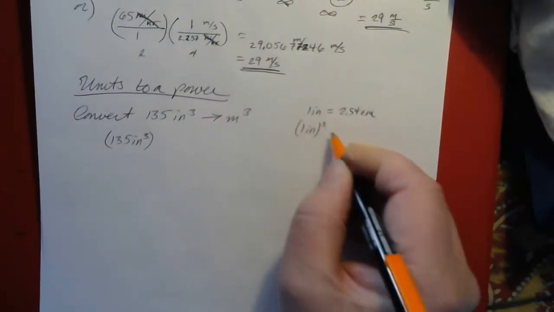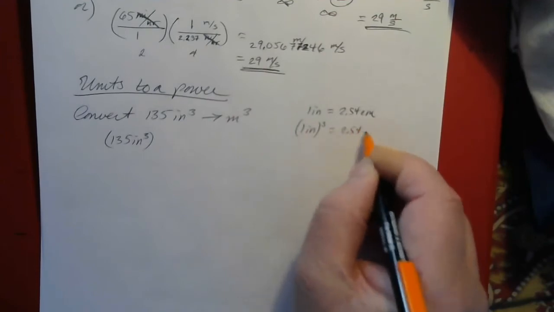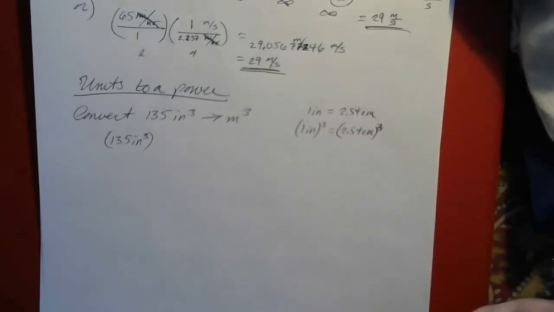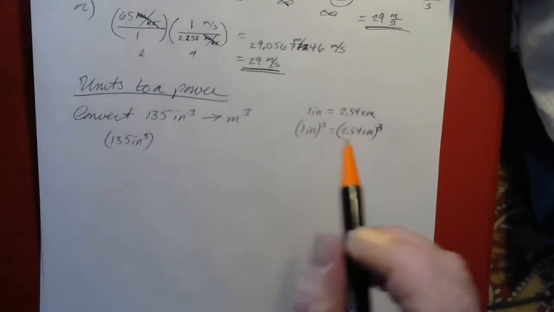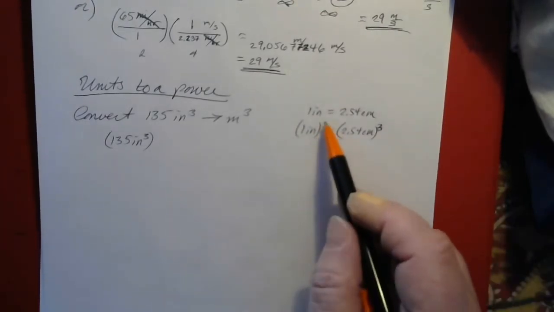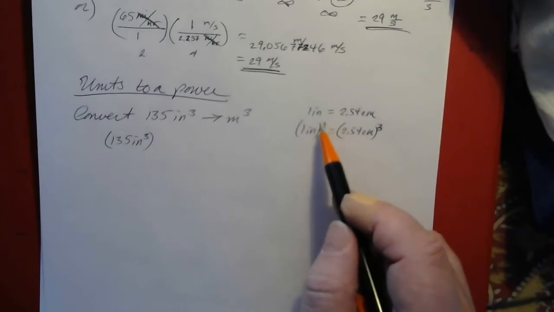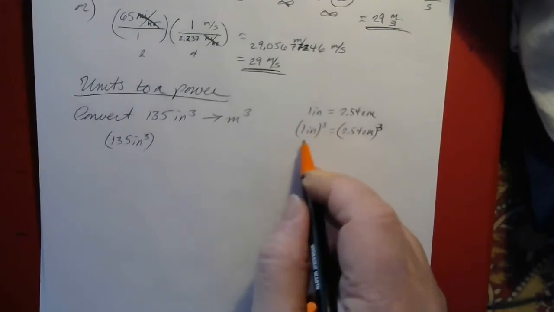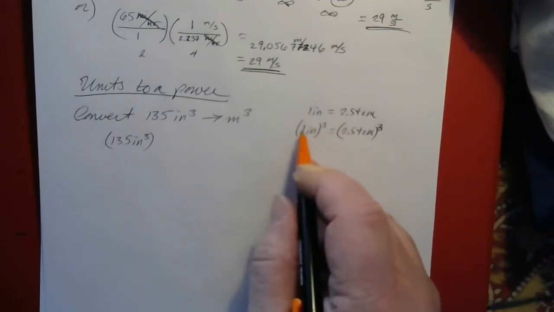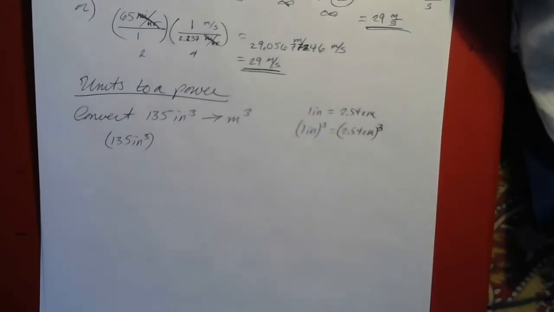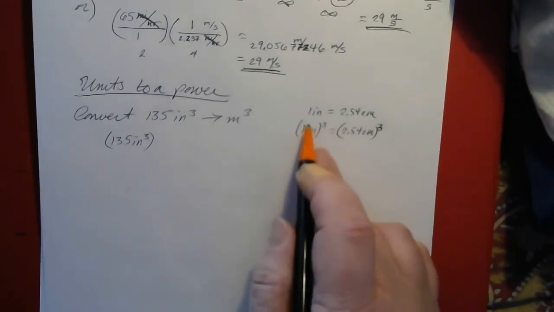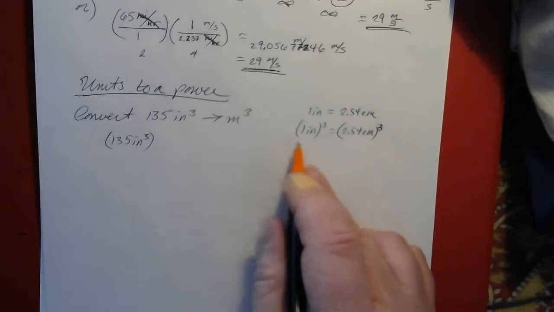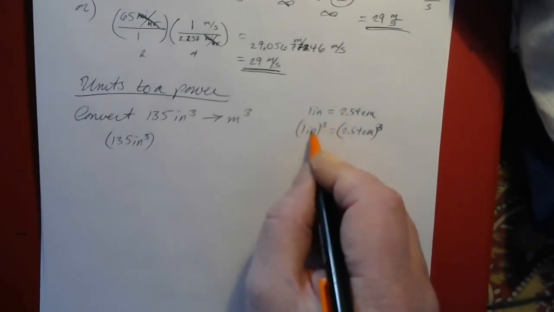The way they get this conversion factor here, 1 cubic inch is equal to 16.39 cubic centimeters, is by taking 1 inch to the third power, which is equal to 2.54 centimeters to the third power. Because when you take a measurement like this with numbers and units and put it in parentheses with an exponent outside the parentheses, that exponent applies not only to the unit, but it applies to the number inside the parentheses also. So when we say 1 inch raised to the third power is equal to 2.54 centimeters raised to the third power, this 3 applies to the inches and it applies to the 1.